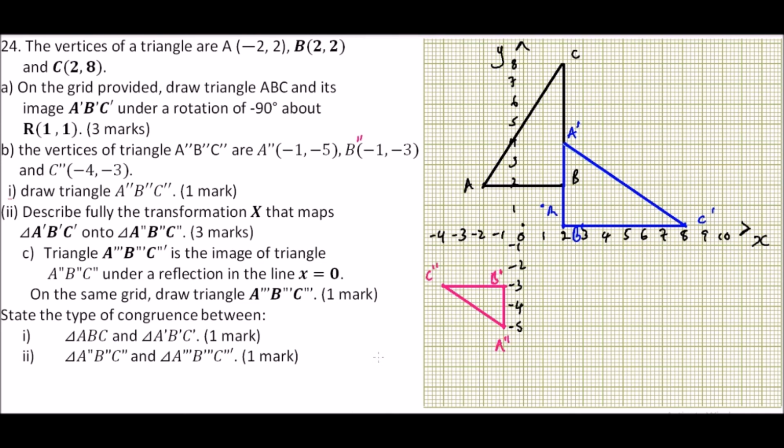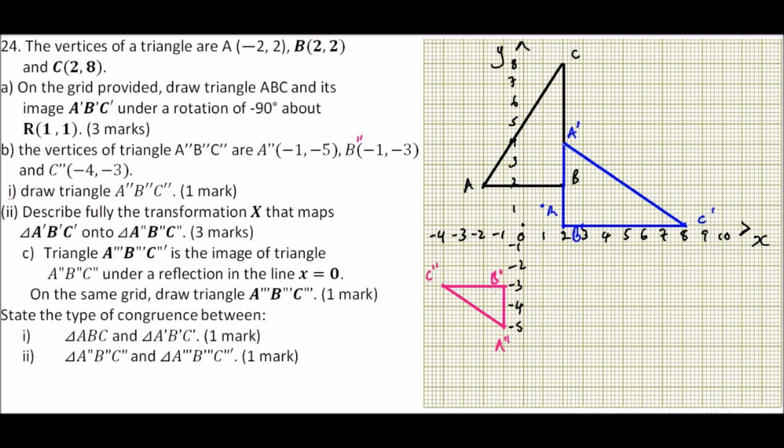And the next question is, describe fully the transformation X that maps ABC prime onto ABC double prime. So if you observe these two triangles, you see this one is a reflection of this one, but the ABC prime is smaller, so it means this is on the opposite side of the center of rotation.